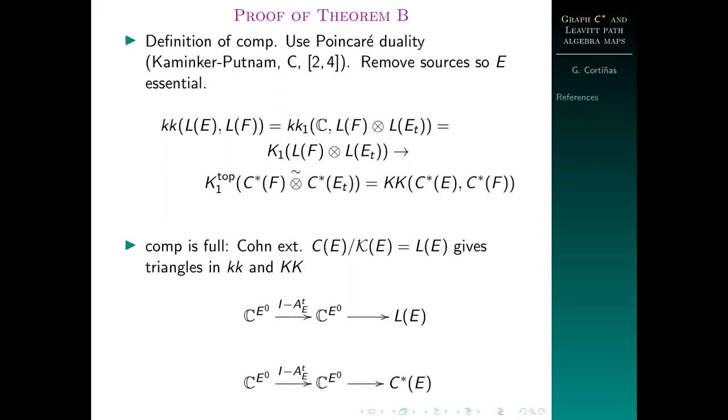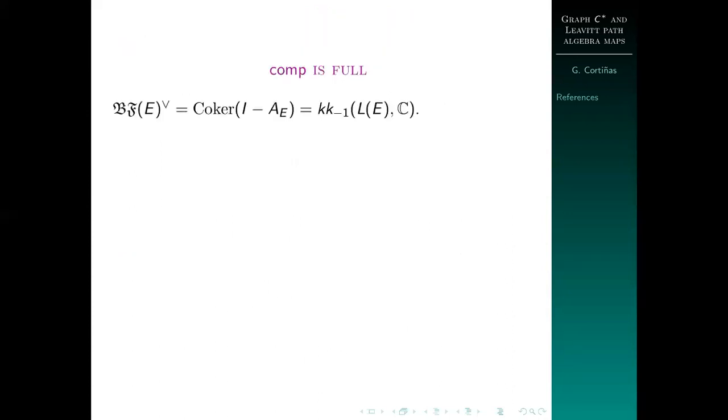Okay, so in order to compute little kk of LE, LF, you simply take this triangle and hom it on the right with LF. And use the fact that when you hom a triangle in a triangulated category, you get a long exact sequence. And if you do this, I will write the diagram that shows up. I need some notation.